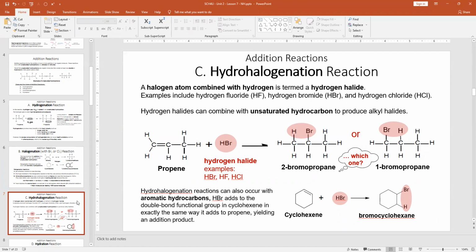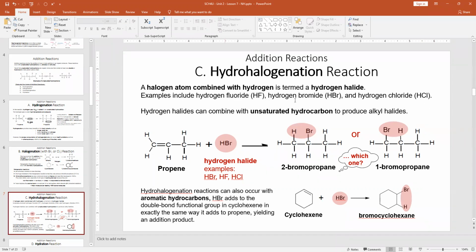The third type of addition reaction is called a hydrohalogenation reaction. So as you can see from the name, it's kind of a combination of the two other types of reaction that we talked about, the hydrogenation and the halogenation. This is hydrohalogenation, where you have a halogen atom combined with a hydrogen, and that's termed a hydrogen halide. And examples of hydrogen halides are molecules like hydrogen fluoride, hydrogen bromide, and hydrogen chloride.